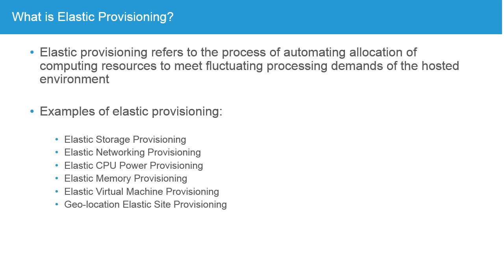Some examples include elastic storage, having more data stored in the cloud when you need it, elastic networking, bigger bandwidth, faster connections, elastic CPU power provisioning, more cores, faster cores, elastic memory, more memory when you need it, elastic virtual machine provisioning, having more virtual machines spun up and running to handle bigger workloads, and then retiring them or removing them when you don't need them.